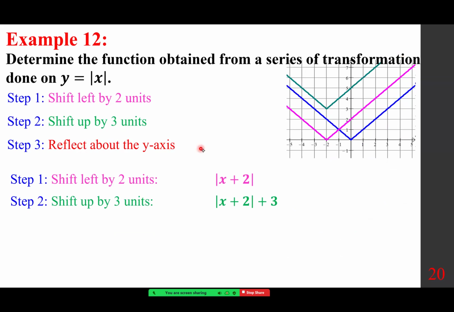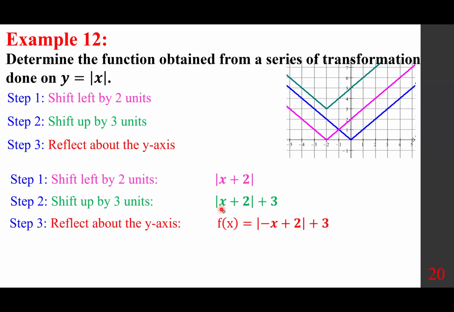Reflect about the y-axis. When you reflect about the y-axis, anywhere you see x, you change it to minus x. So change this one to minus x. So you reflect the green one with respect to the y-axis. This is the y-axis. It flips over.